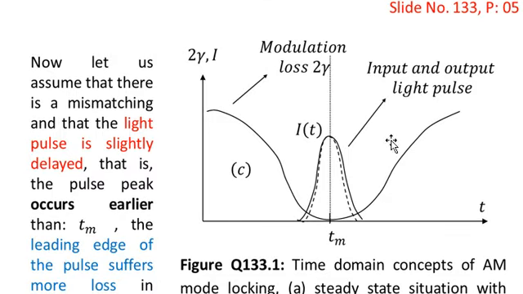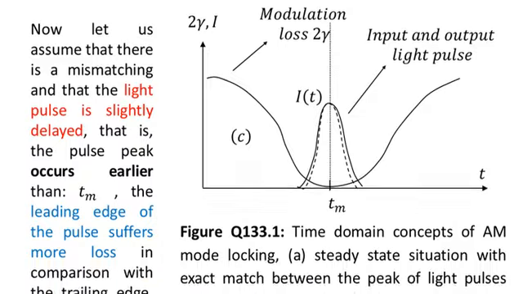This figure, which is figure number C, will be discussed later on. So this description that I am now presenting is relevant to part B of figure number 1. Now let's assume that there is a mismatching, and that the pulse peak occurs earlier than Tm.